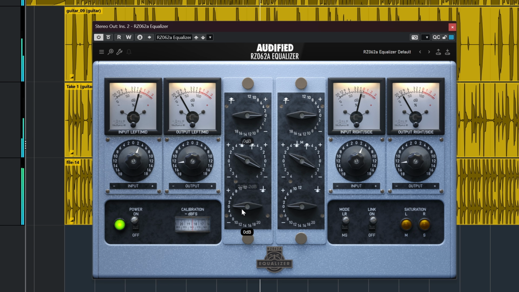It does make the AUDIFIED plugin a lot less flexible for sound sculpting.